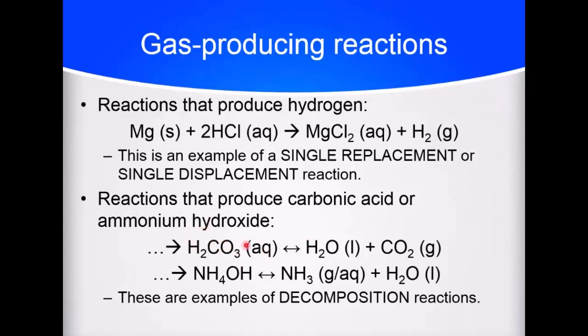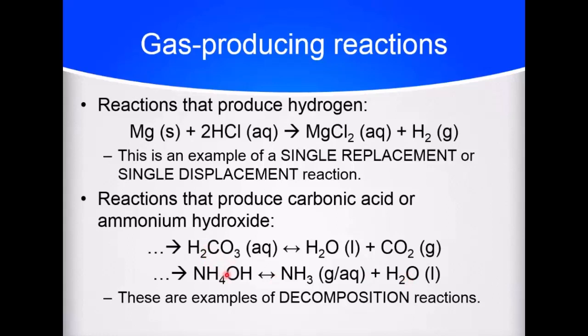And carbonic acid spontaneously decomposes and or can be produced from water and carbon dioxide. Similarly, if you produce ammonium hydroxide, that can decompose to or be formed from ammonia and water.